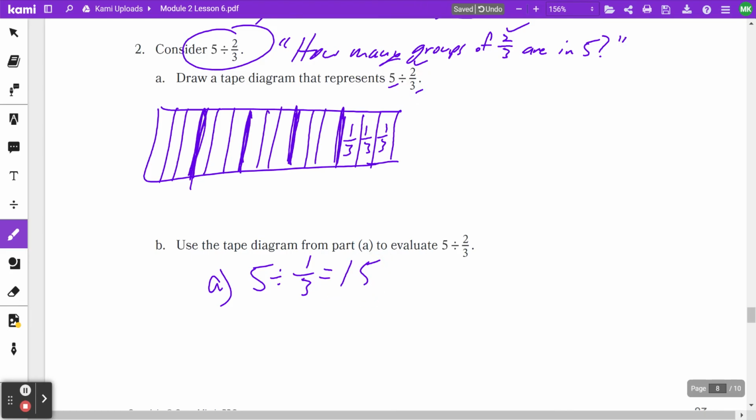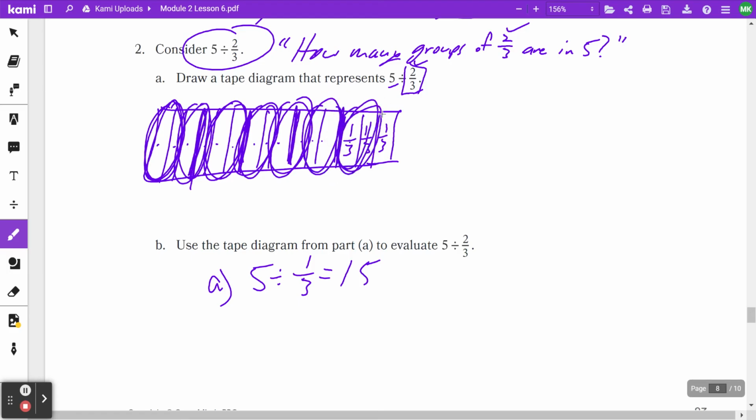I need groups of 2/3 though for my diagram. So if everything's a third, I need 2 for each. So there's a group of 2/3, 2/3, 2/3, 2/3. Now watch what happens with this one. I have a whole group, a whole group, a whole group, and then watch what happened. I'm left with this one. I'm left with only 1/3.